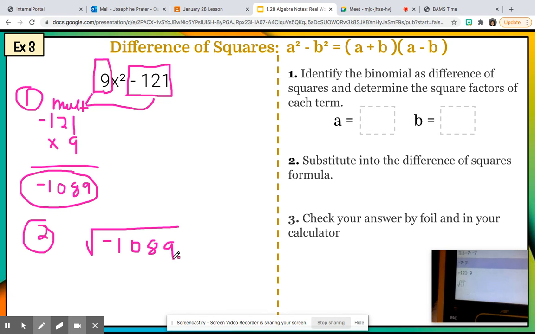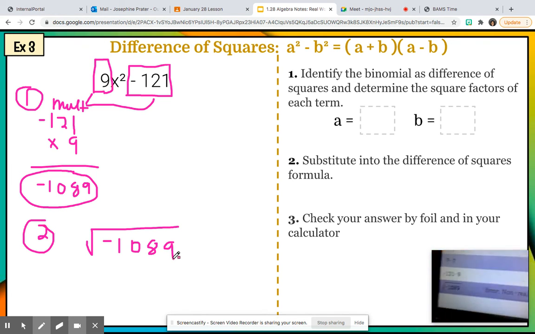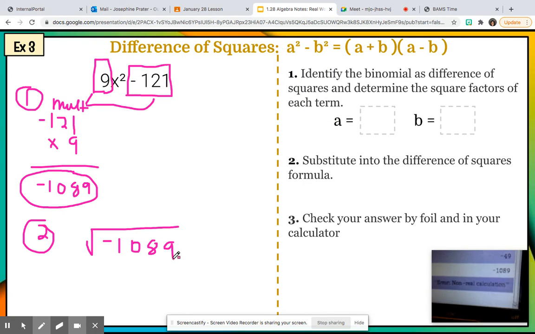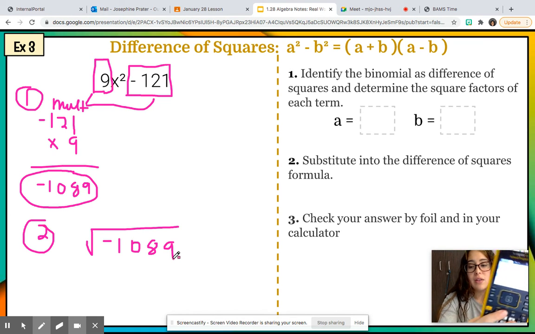I'm going to put negative 1089. In fact, it says there is not a real calculation. So I'm going to do it again with a positive 1089, keeping in mind that it was a negative number, okay? Square root, do it again. 1089, enter, and I get 33.